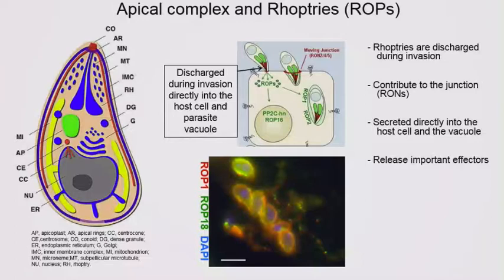So you can see those two Rhoptries ringing the parasitophorous vacuole. Some of these other proteins traffic to the host nucleus and actually modulate the host gene expression after invasion. So make a nicer home for the parasite to reside in.